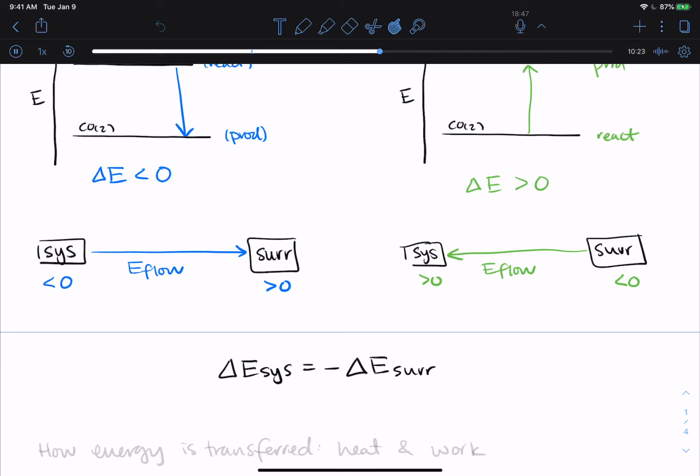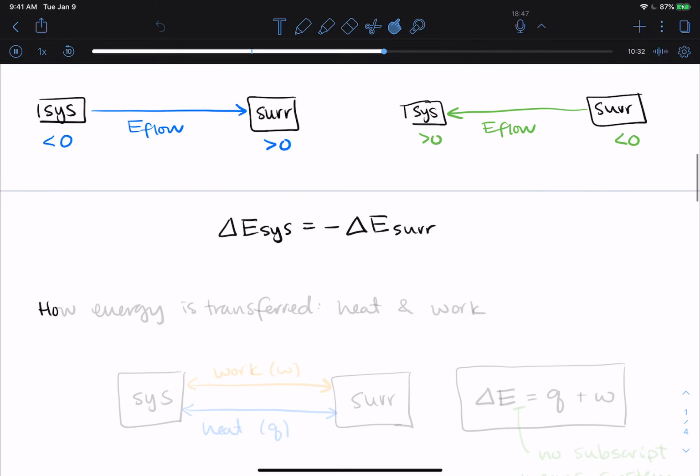The delta E for the system will always be equal in magnitude and opposite in sign to the delta E for the surroundings. Okay, so the methods by which this energy is transferred, the two that we are looking at are heat and work.